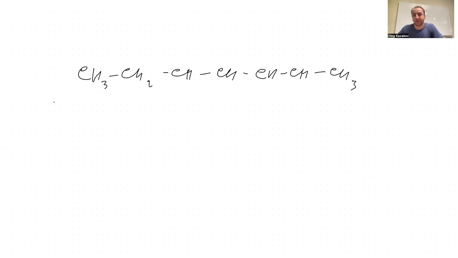Then we're going to start branching off this chain, and we're going to attach various substituents to that chain, right? This is a very good example of what an alkane might look like. It contains a lot of carbon atoms, and it has a relatively complicated structure. It's not just a straight chain of, let's say, 6 carbons.